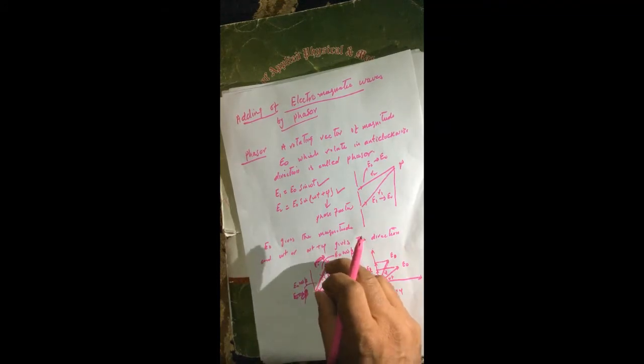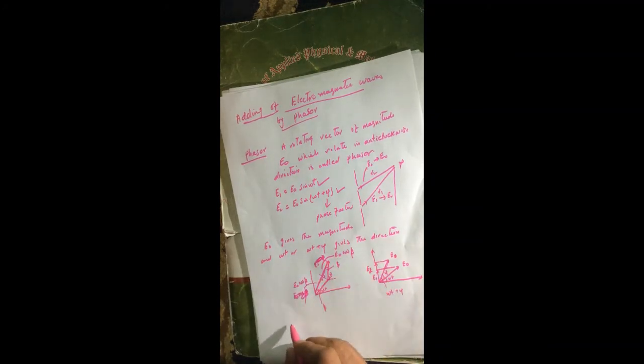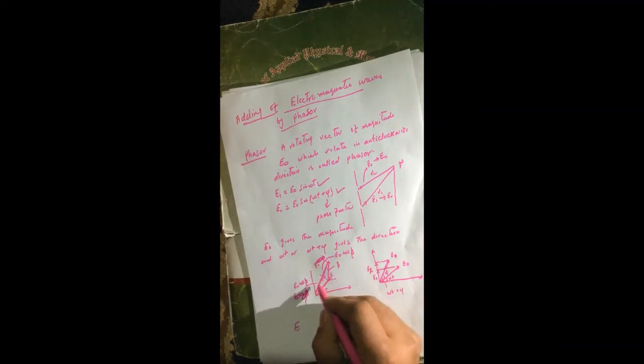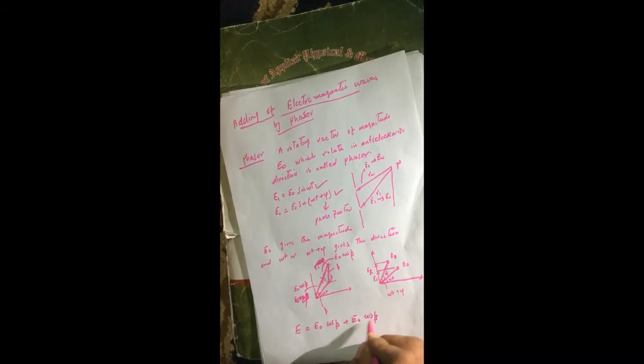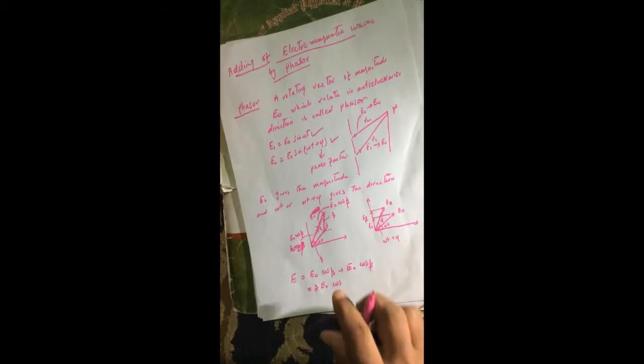Now this total vector E is equal to the sum of these two parts. So this is E naught cos of beta plus E naught cos of beta, which is equal to 2 E naught cos of beta. This is E.